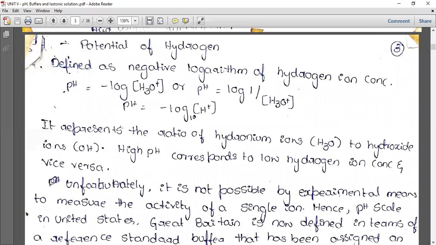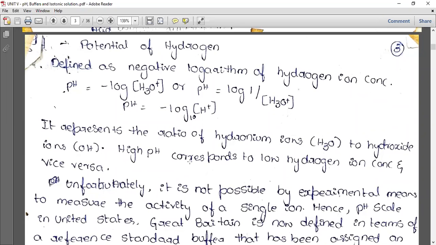In general, this pH represents the ratio of hydronium ion to hydroxyl ion. In general, how much is the H plus ion or H3O plus ion compared to the OH minus ion concentration? If it's well balanced, say equal molecules of H3O plus and OH minus are present, then pH becomes neutral.